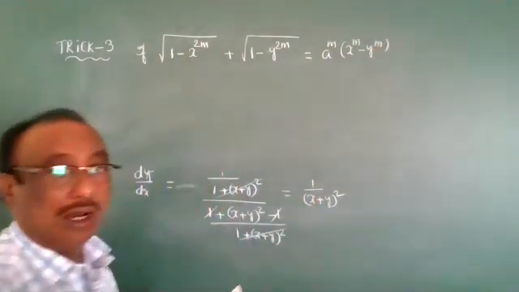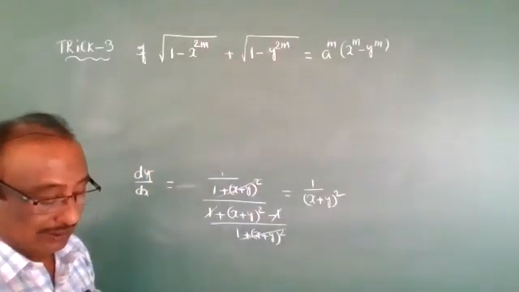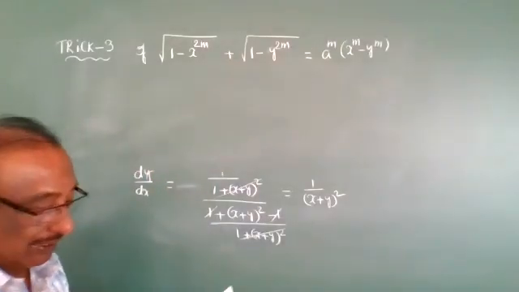Here 2m is given, so half is what they give.